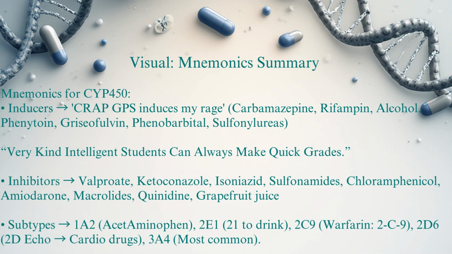Now let's move to the inhibitors. The phrase you can use here is, "Very kind, intelligent students can always make quick grades." Each word in that sentence represents one inhibitor.